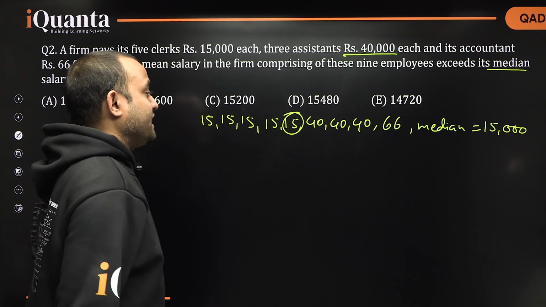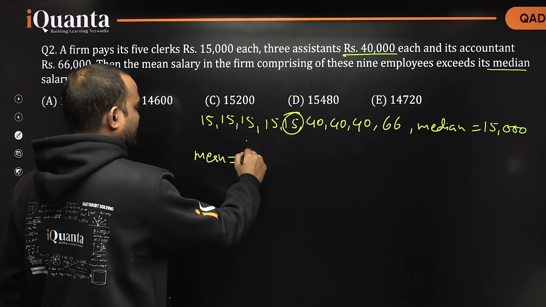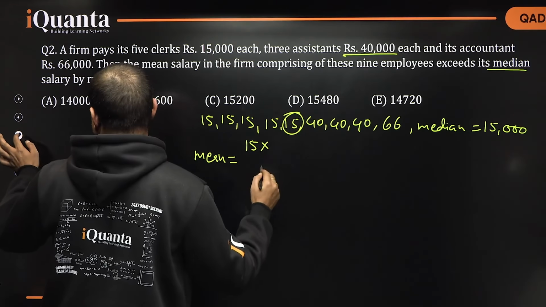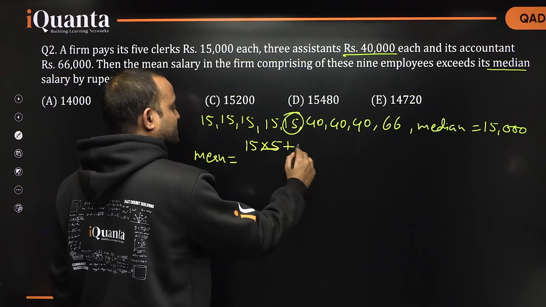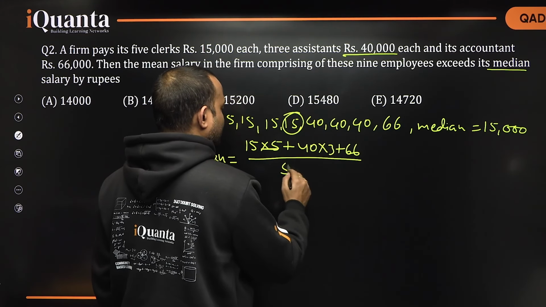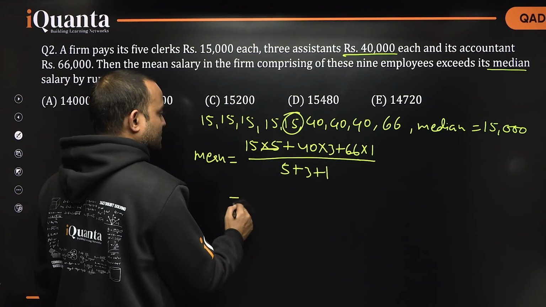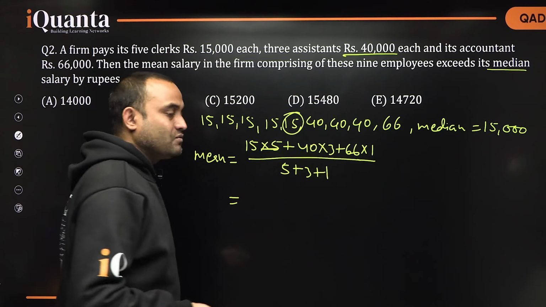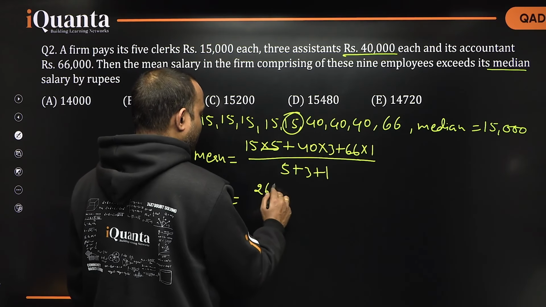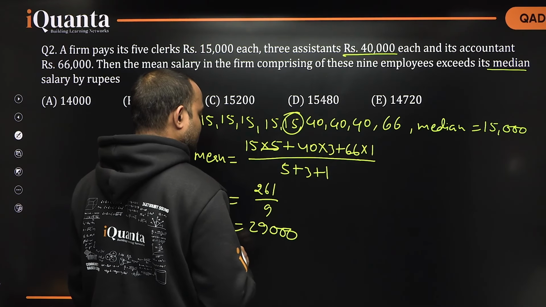We need to find the relation between mean and median. What will be the mean? So 15, how many? 5. 15 into 5 plus 40 into 3 plus 66, divided by 5 plus 3 plus 1, because there is only one such accountant. 75, 120, 195 plus 5, 200, 261 upon 9, that is equal to 29,000, right?